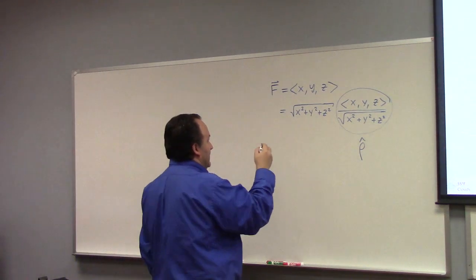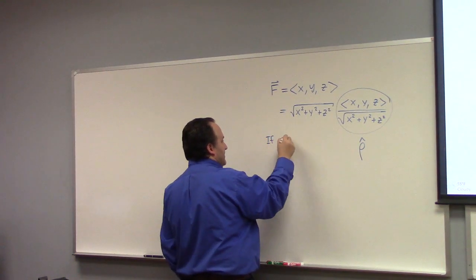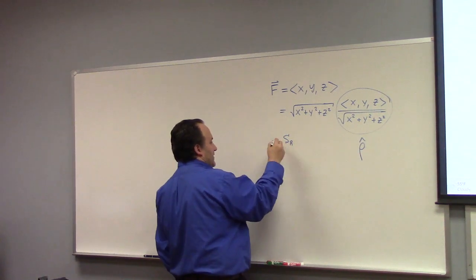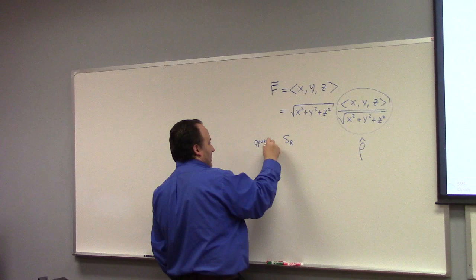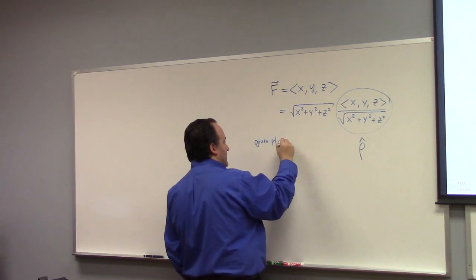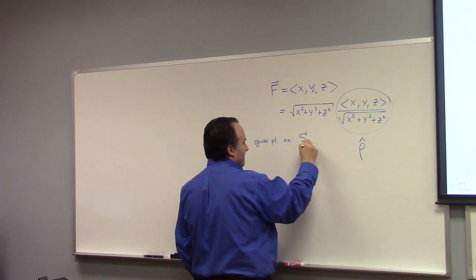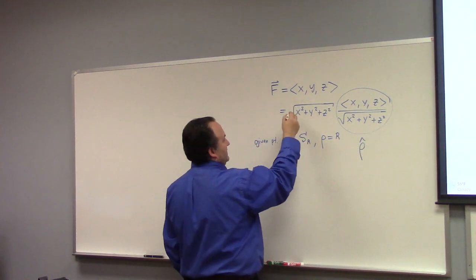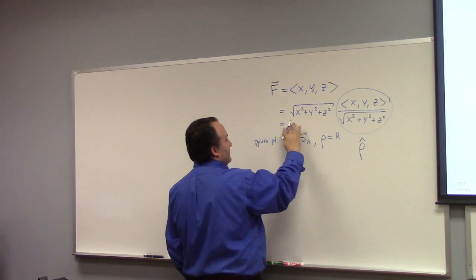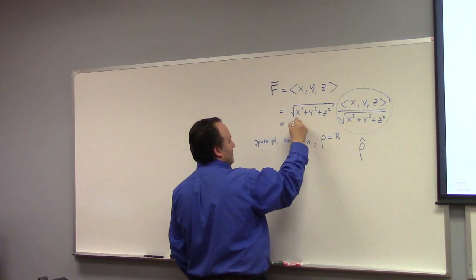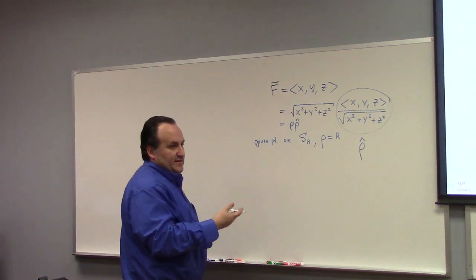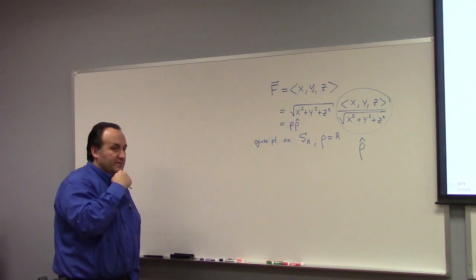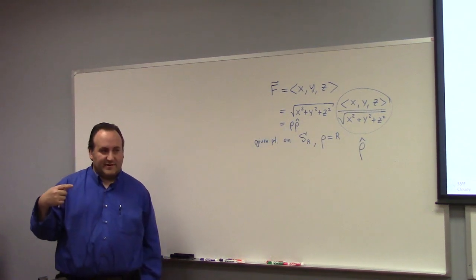And so given a point on the sphere of radius r, we have rho equals r, right? But the force here is literally rho hat. That's the formula for this vector field in terms of the spherical radius, which would have been super mean if I hadn't already done it in class, but I did.